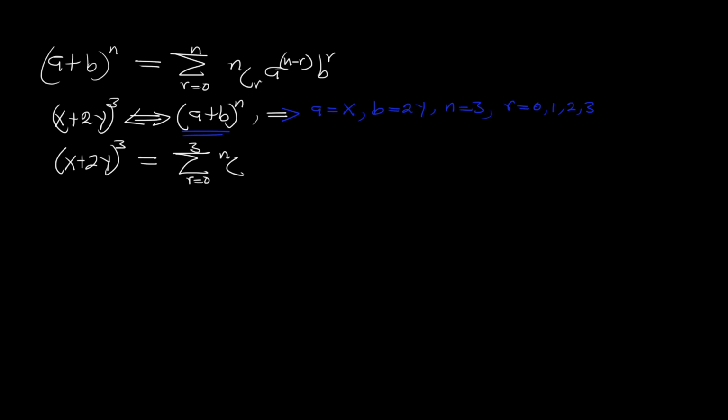In this case our n is going to be 3, but let's put n as it is in the formula, and a is x. We have n minus r, b is 2y, and we have r.